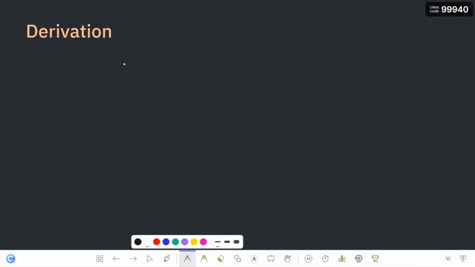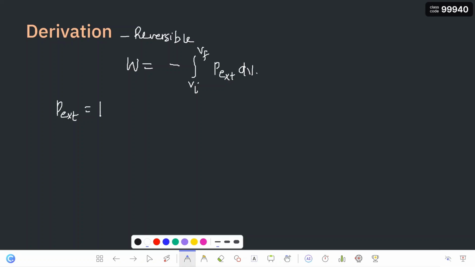As I told, derivation for W for reversible I am writing here. We know W is equal to minus integral Vi to Vf P external dV. P external pressure is equal to internal pressure plus dP, where dP is the change in pressure.